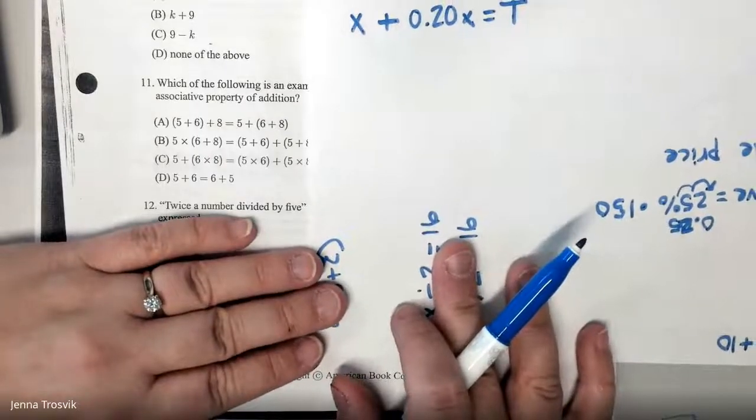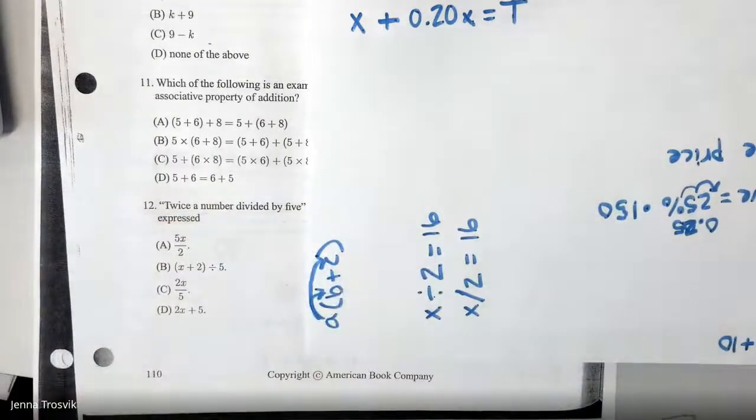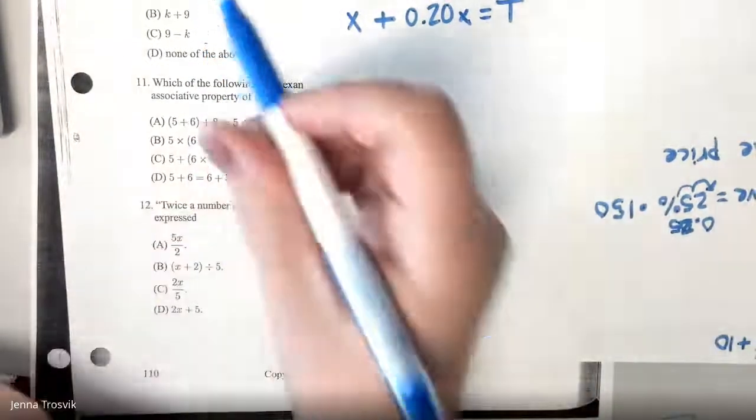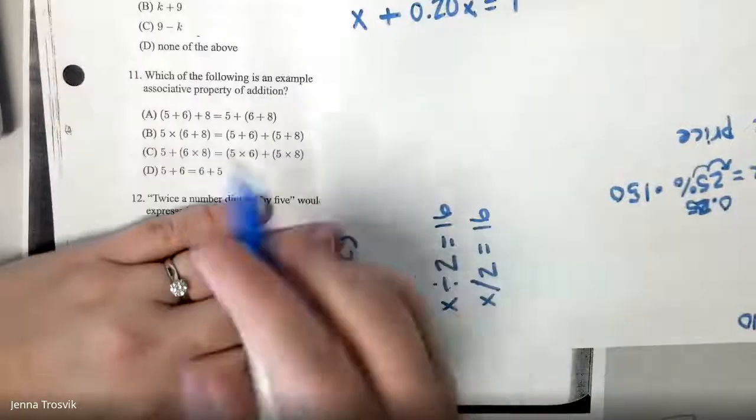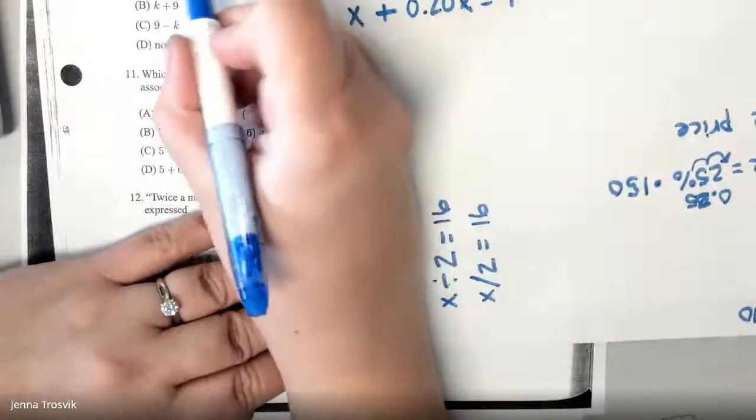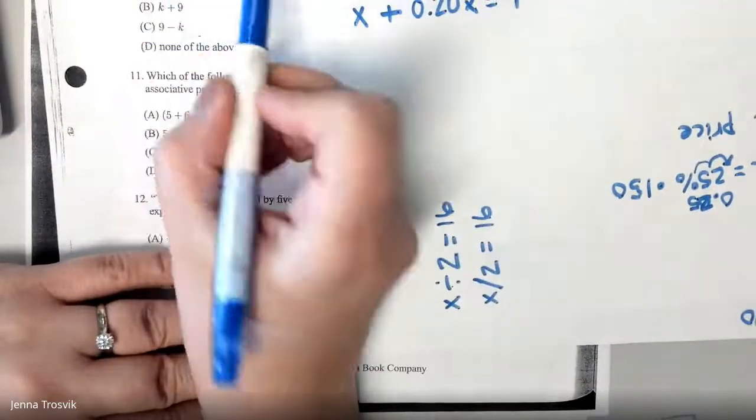Number 10, if Shanna ran 8 laps more than Kelly and Devin ran 9 more laps than Kelly, which expression shows Devin's laps in terms of Kelly? K, that would be. Shanna ran 8 more, Devin ran 9 more.